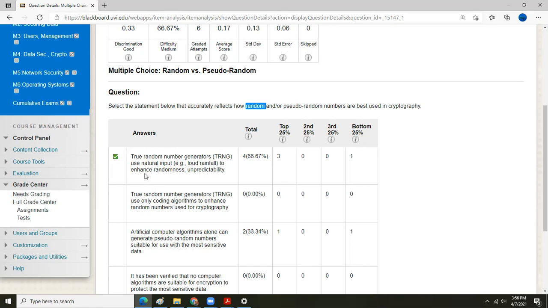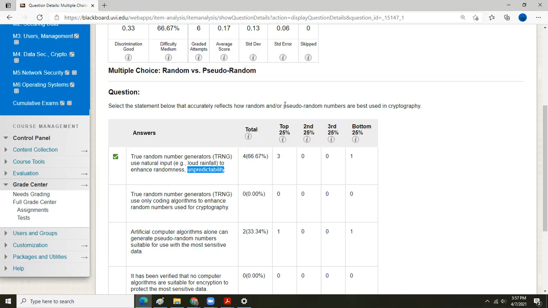You have to set up equipment and do all sorts of weird things. Computer-generated numbers are much easier to create in volume, and you need very large random numbers. The important point is that whether a number is computer-generated using an algorithm so that it's pseudo-random, or it's a completely natural random number in the real world, the randomness and unpredictability are the most important factors.